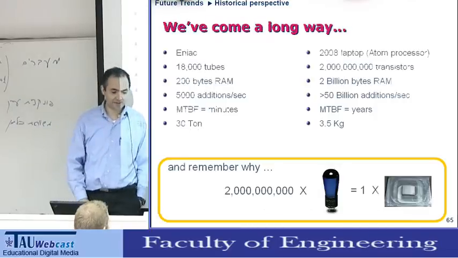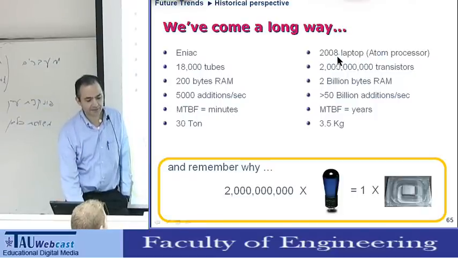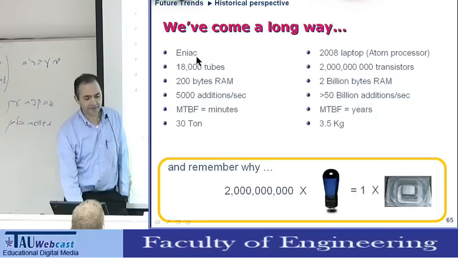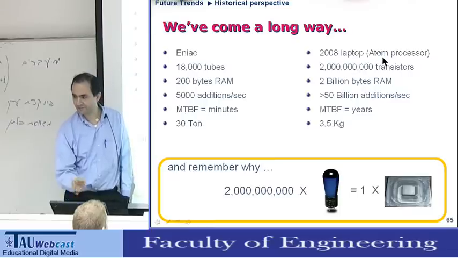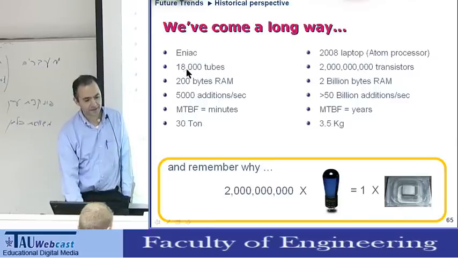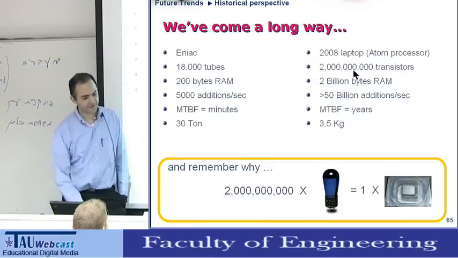This is the source. So just to compare, I didn't update this for a couple of years. I compared the ENIAC to a laptop from 2008 with an Atom processor. Now there are much better processors. It had 18,000 tubes versus more than 2 billion transistors.